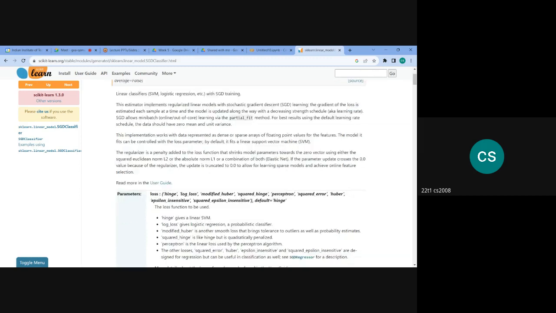It allows mini batch and online out-of-core learning via partial fit. So if you want to do mini batch, you need to use partial fit. Batch is also the same, you have to do partial fit or something like that.